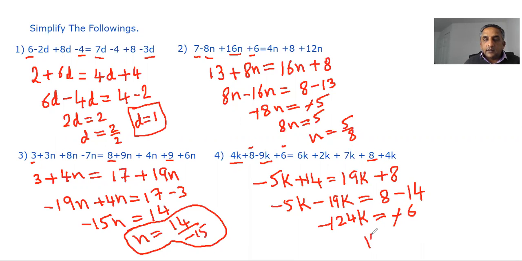So k is equal to 6 over 24. 6 over 24 means 1 over 4, because 6 and 24 both go in the 6 times table. So our final answer for this question is k is equal to 1 over 4.